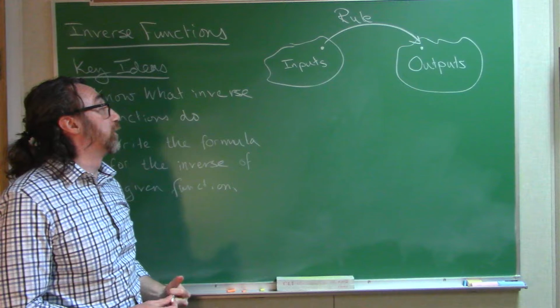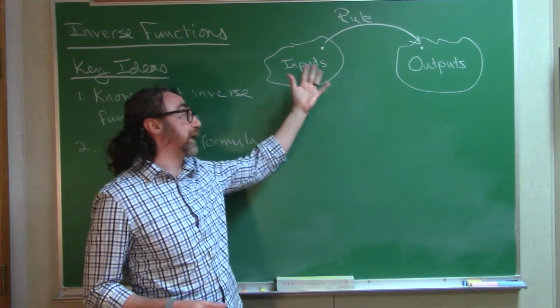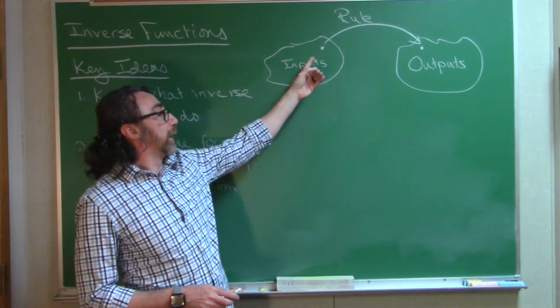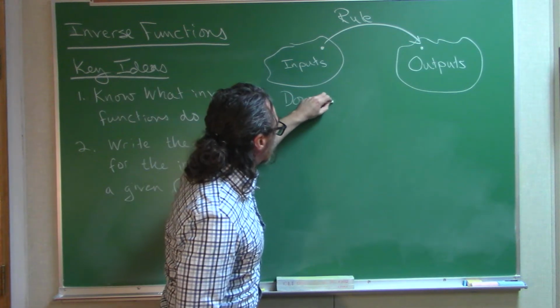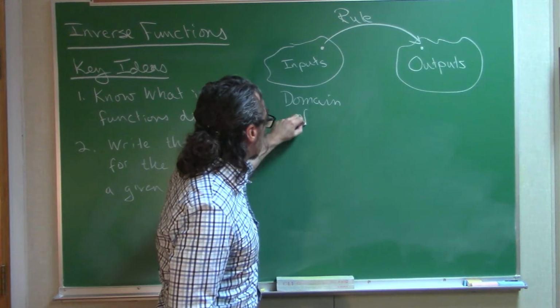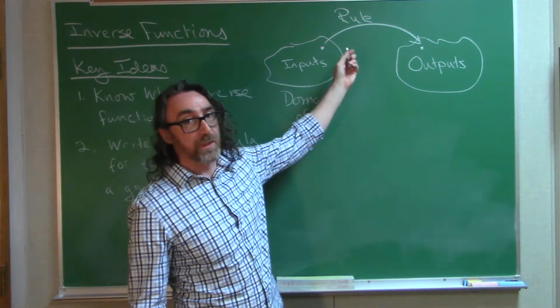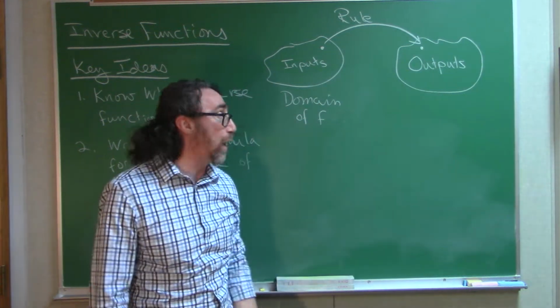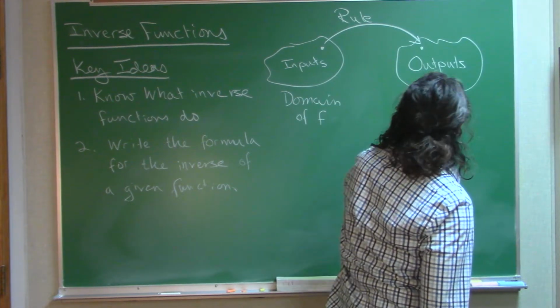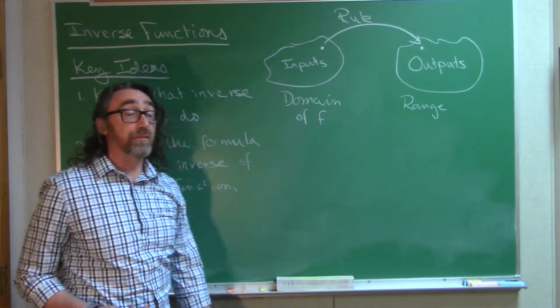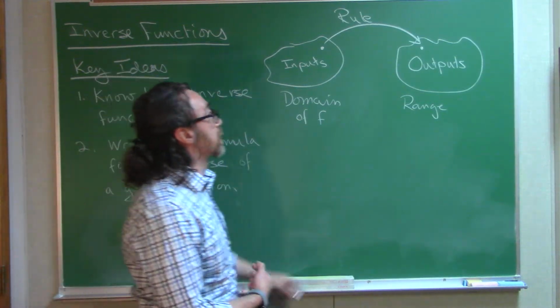A function is basically a rule for taking every element of the domain, which is the set of all possible inputs to the function, and matching that element up with an output in the range. And an inverse function simply goes backwards.